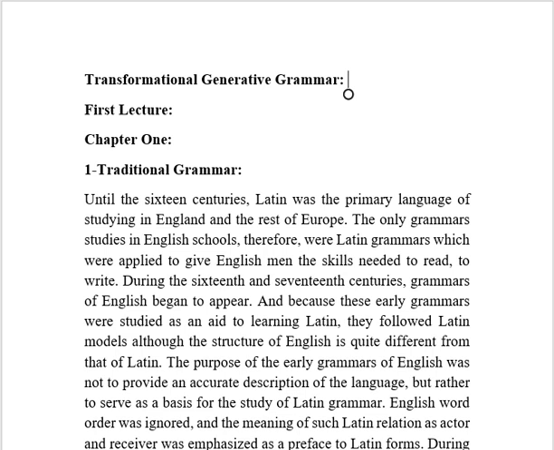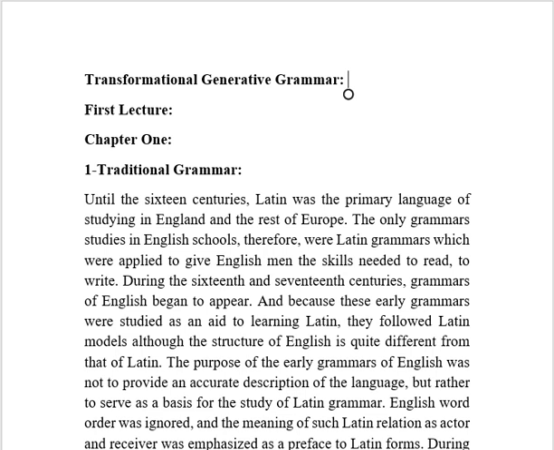It considers grammar to be a system of rules that generate exactly those combinations of words that form grammatical sentences in a given language and involves the use of defined operations called transformations.